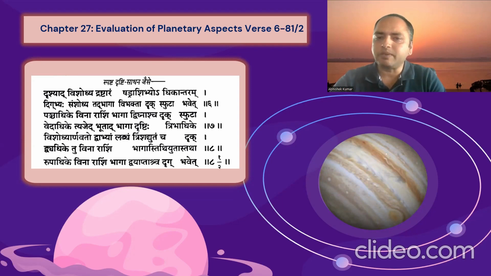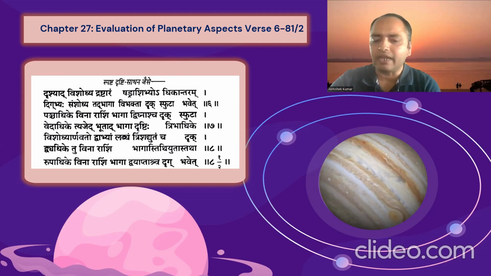Before going into the aspectual value, Maharshi is coming up with a technical term again, that is drishti kone, the aspectual angle, because when one planet is aspecting another planet, it forms an angle.